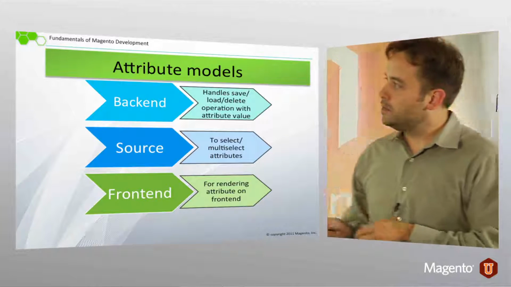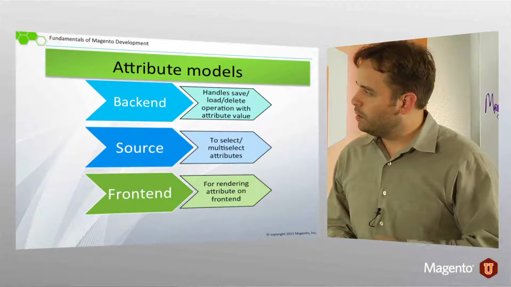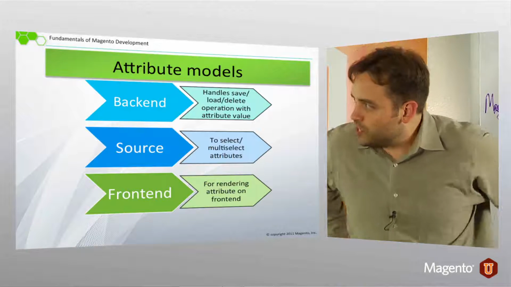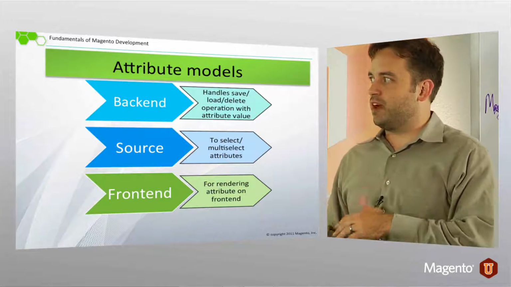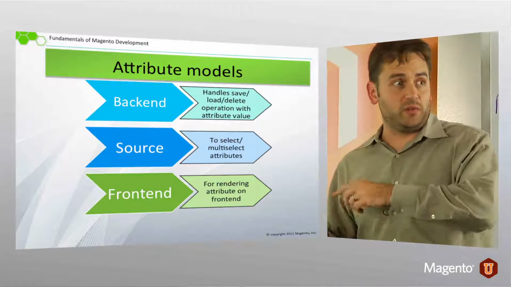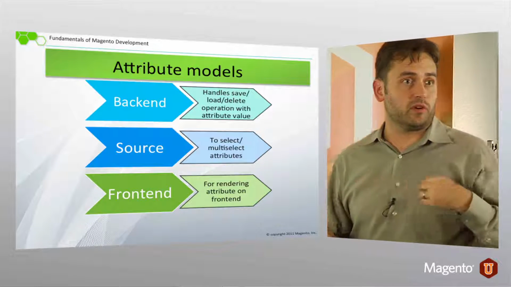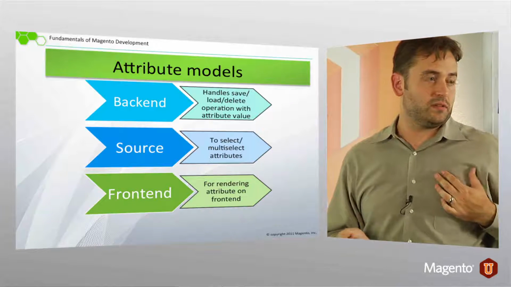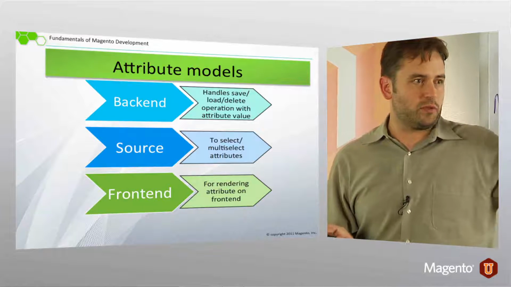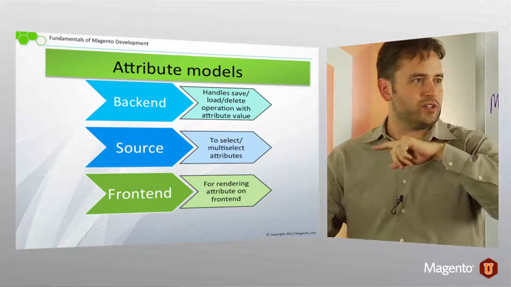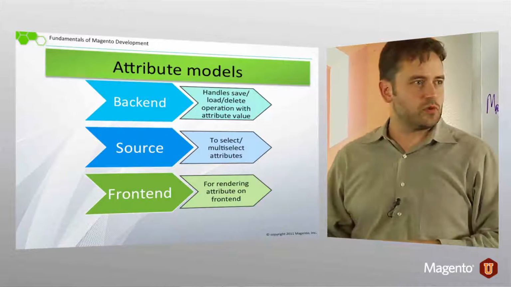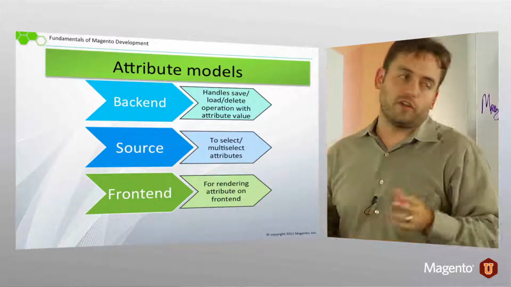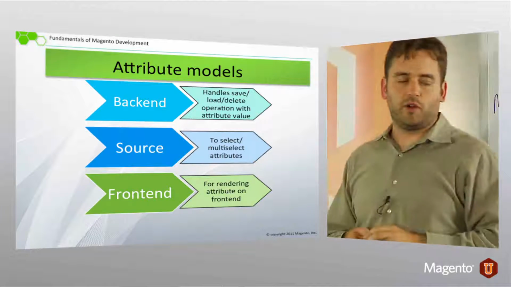Source models: select and multi-select attributes. So here is how we would specify certain options, and we'll be creating one of these tomorrow as part of our admin HTML exercise. So how do you get a drop-down with your list of options and then store that information in the database? A custom source model. And there are other source models that already exist.